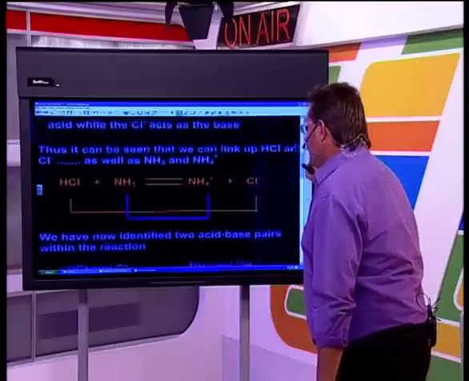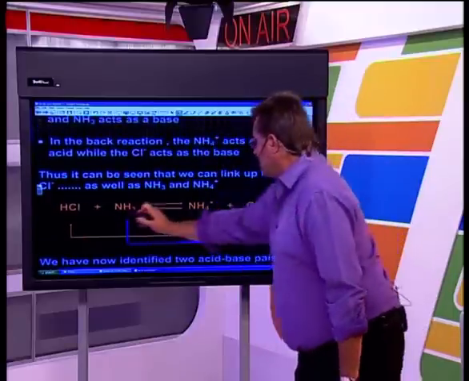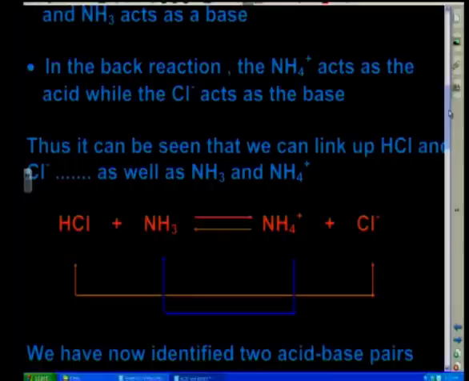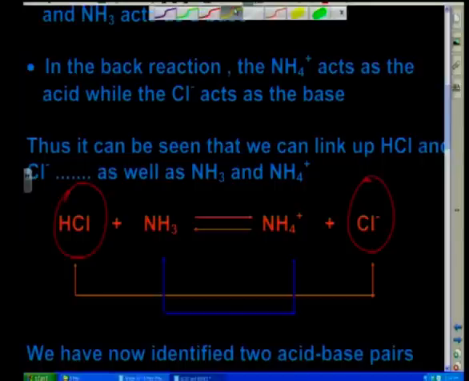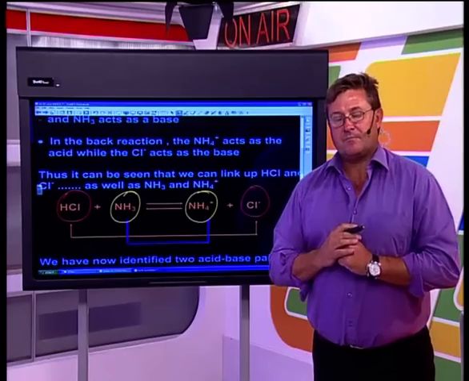And what we do when we now make acid-base pairs is that we can link these acid-base pairs up. So we've got HCl and Cl minus as one acid-base pair, and we've got NH3 and NH4 plus as another acid-base pair.